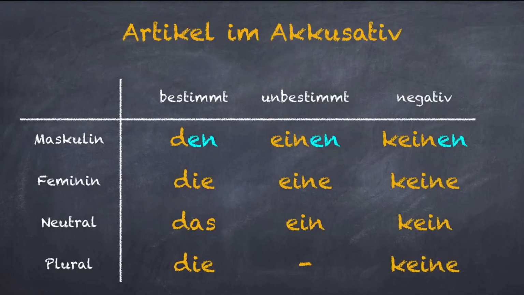Now let's put all the accusative articles zusammen, together. Except for masculine, all other articles remain the same as they were in nominative. In masculine, only an extra ending en is added to ein and kein, and der changes to den.